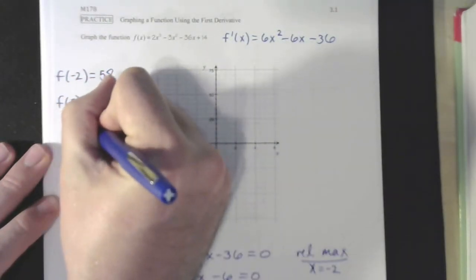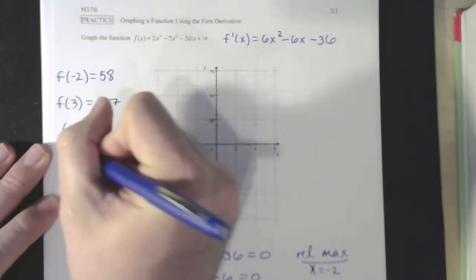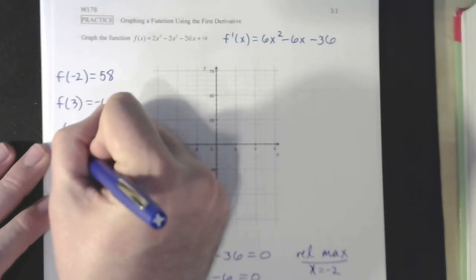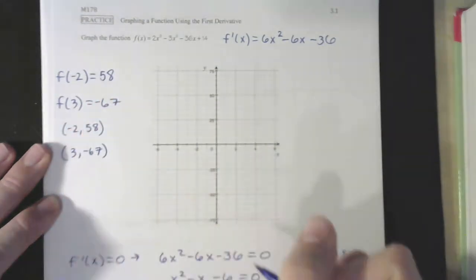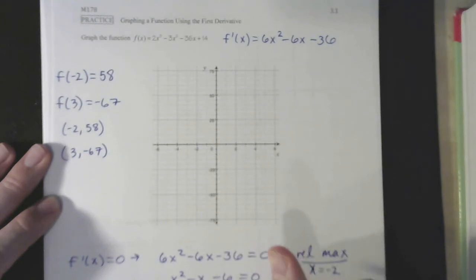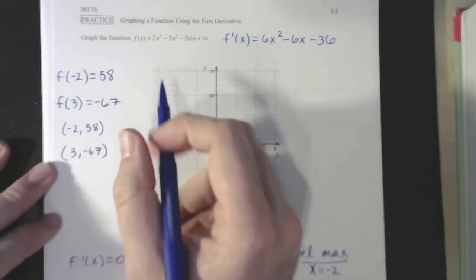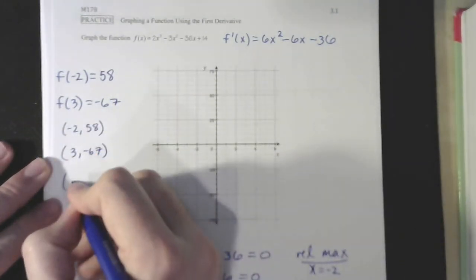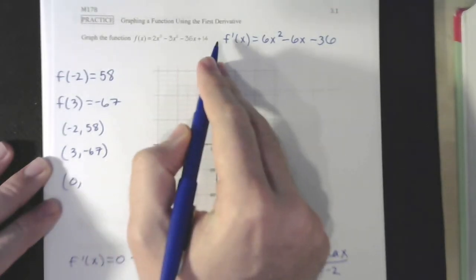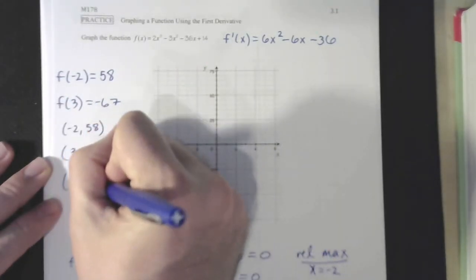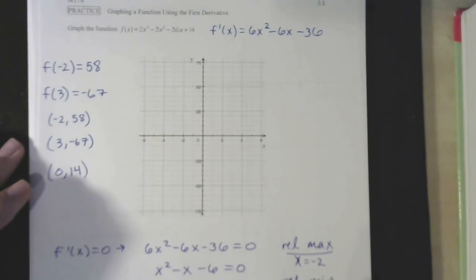So we have negative 2 comma 58, and 3 comma negative 67. And then the other easy point that we should probably always try if we can is 0. 0 plugged into our original function will just be 0 comma 14. So this gives us some good points to plot.